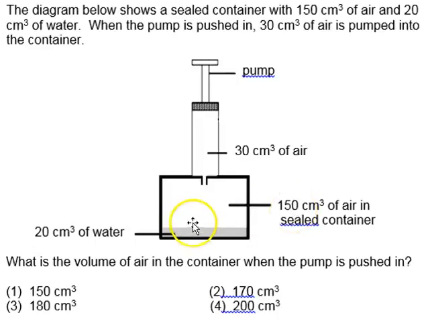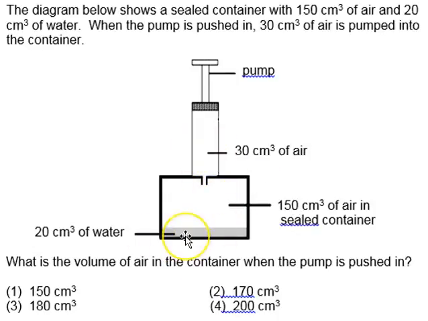Because that's about all there is left of the space in the container. Right? So the container here only has 150 cubic centimeter of air space left. Therefore, adding another 30 cubic centimeter of air would not change anything. It would still remain 150 cubic centimeter of air because the air here can be compressed.